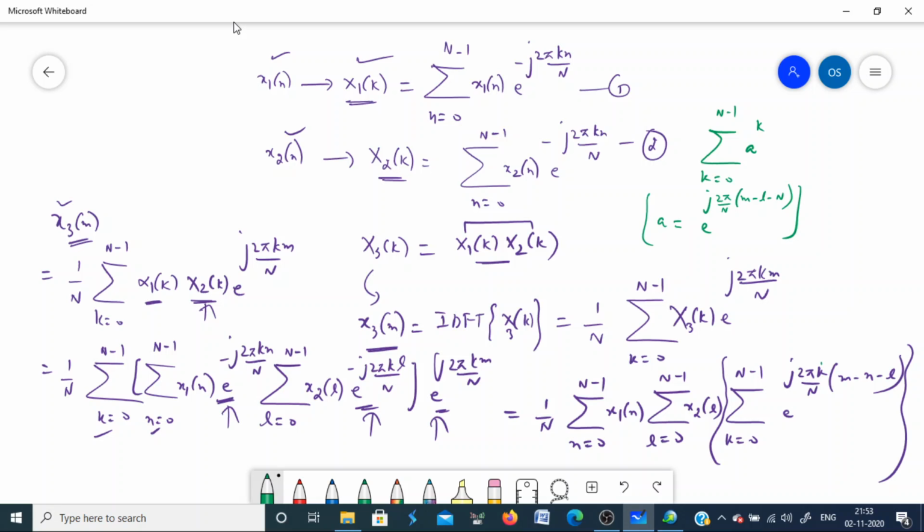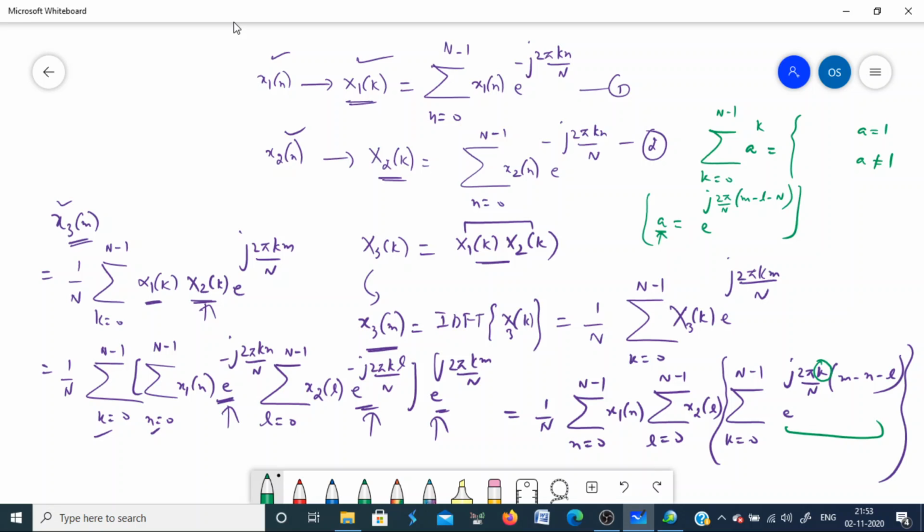Except for this k, all these factors I have taken as one constant, that is a. So this entire factor is a raised to power k, and this summation will be equal to what? We have two cases here: one for a equal to 1, and one for a not equal to 1.